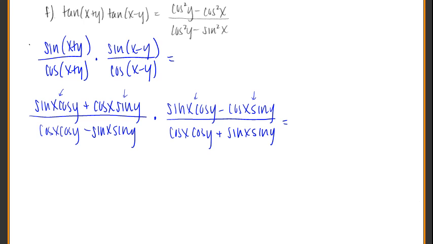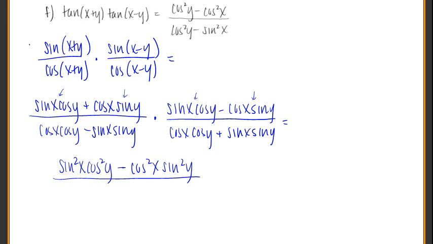So sine x cosine y makes a sine squared x cosine squared y, minus a cosine squared x sine squared y. In the denominator, cosine x cosine y times cosine x cosine y is cosine squared x cosine squared y, minus sine squared x sine squared y.